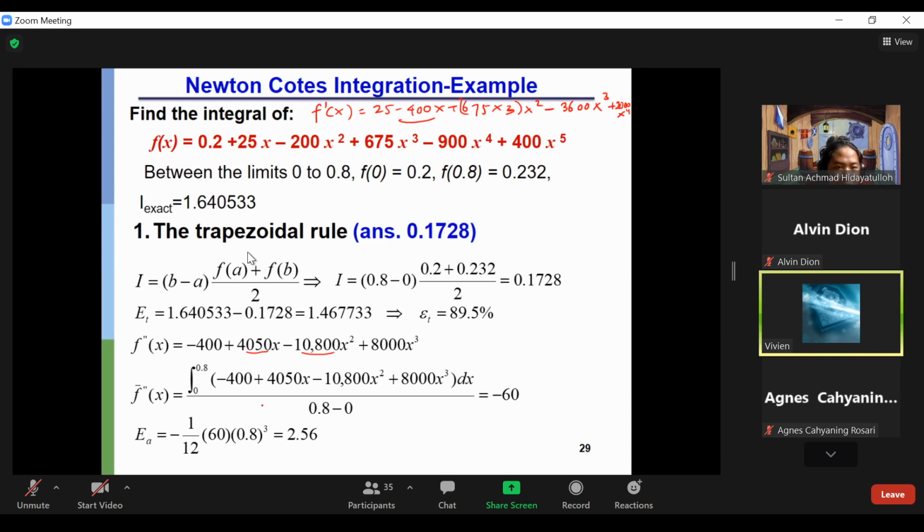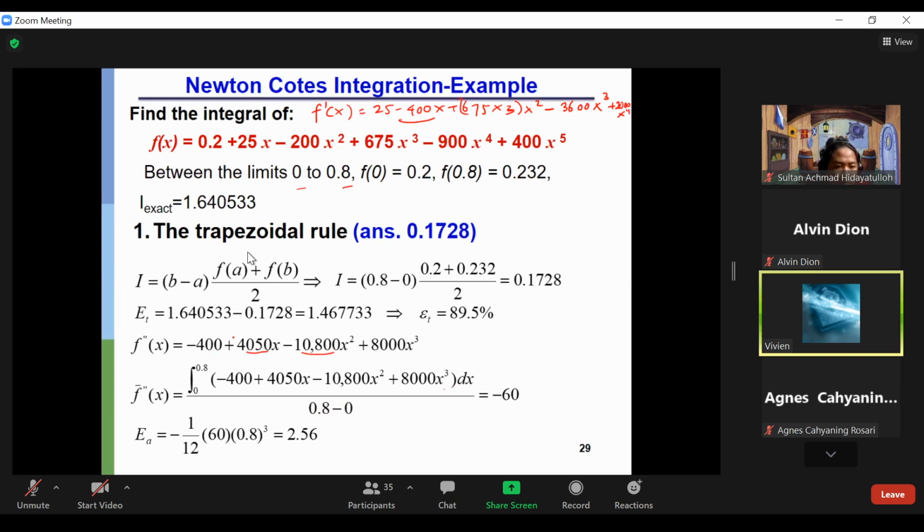And then to find the value here, we can do the integration between the limits from 0 to 0.8, integrating dx, and then we divide by 0.8 minus 0.